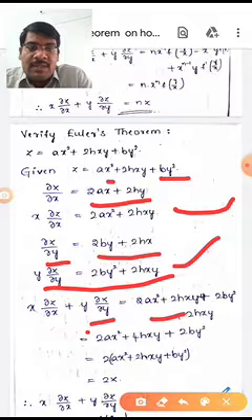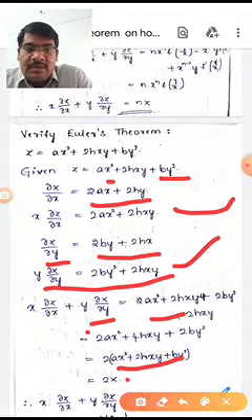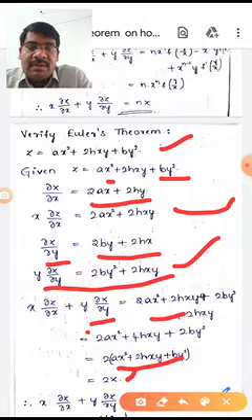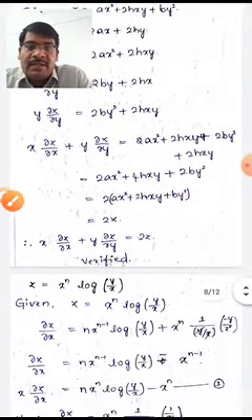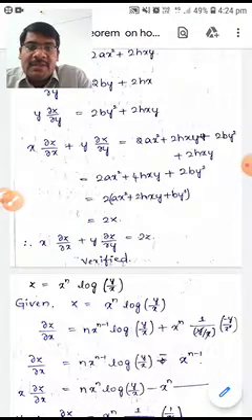In all the terms 2 is common. So this is equal to 2 times (ax² plus 2hxy plus by²), which is equal to z, the given function. So x ∂z/∂x plus y ∂z/∂y is equal to 2z.